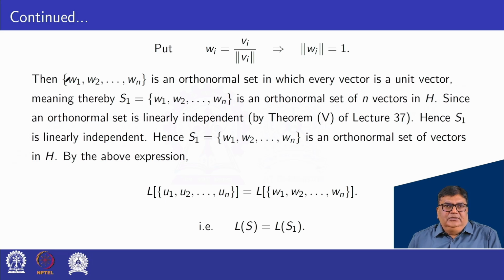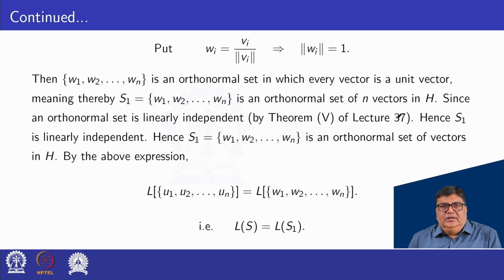Then the set w1, w2 and so on up to wn is an orthonormal set in which every vector is a unit vector, meaning thereby S1 equal to the set w1, w2 and so on up to wn is an orthonormal set of n vectors in H.